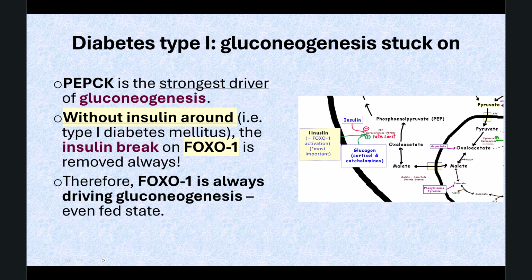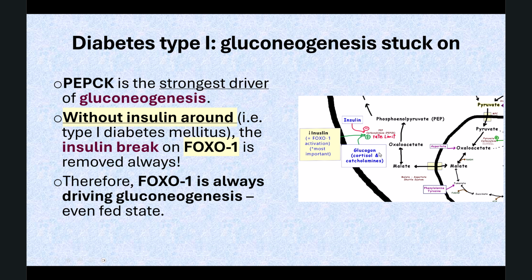Specifically, insulin inhibits something called FOXO1. That's not a zero, that's FOXO1. And that guy is like a brake, and it inhibits Pepsi K from driving gluconeogenesis. So without insulin around, and right now there's no insulin around because our human is starving, the brake is removed, and FOXO1 can drive. In fact, FOXO1 is the strongest stimulator of Pepsi K.